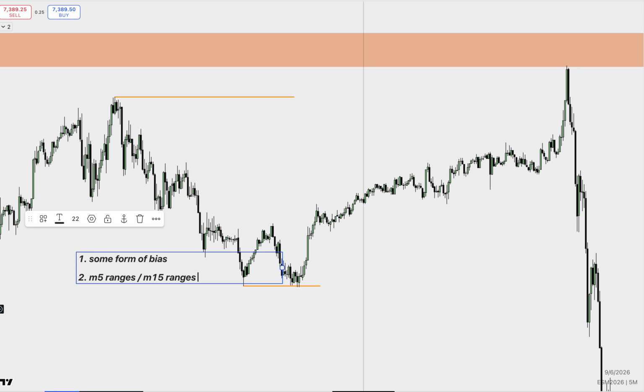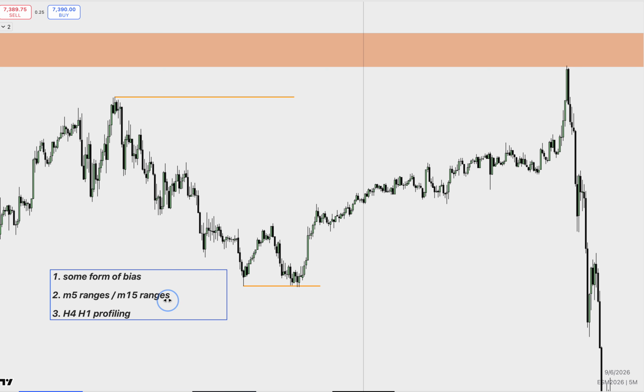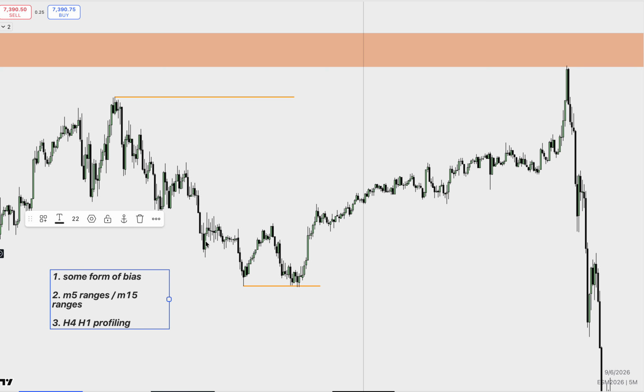Pre-market, what I'm looking for is one side of an M15 or M5 range to be taken out. And then I'm looking for 4-hour and 1-hour profiling. And I'll get into what this third point means because it is probably the most important part of my trading and what I teach to my one-to-one guys as well.